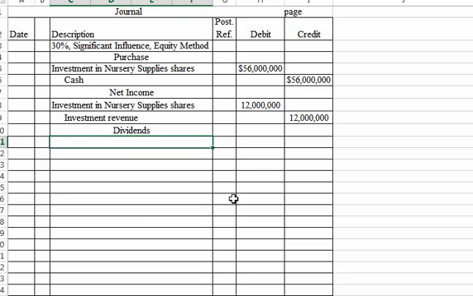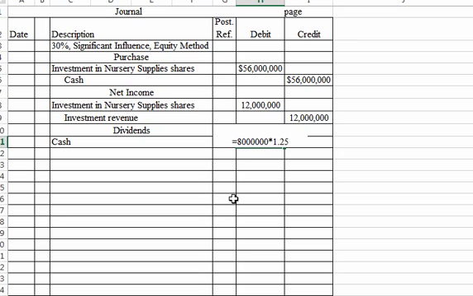We're going to debit cash for Florist International's share of the dividends. It's $1.25 per share on 8 million shares, but Florist International only owns 30% of them. So it's equal to 8 million shares times $1.25 per share.